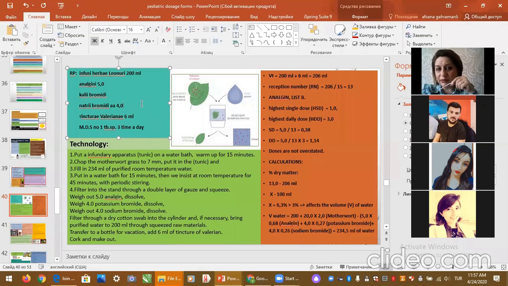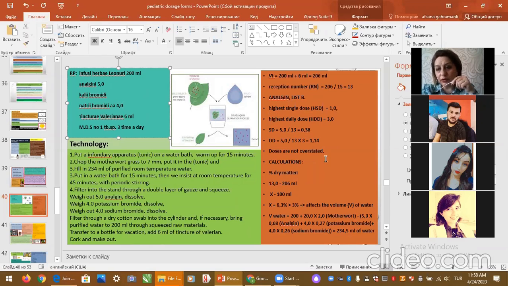Was this prescription correctly written by the doctor or not? We know its highest single dose is 1, so in this prescription the dose of analginum cannot be more than 1 gram. And we calculate that its single dose, according to our prescription, is 0.38.